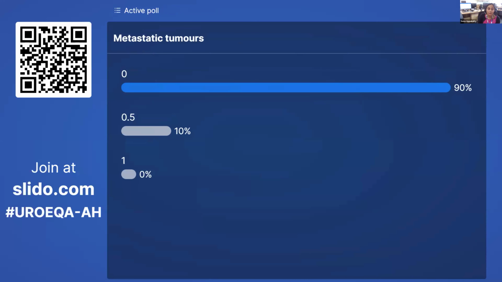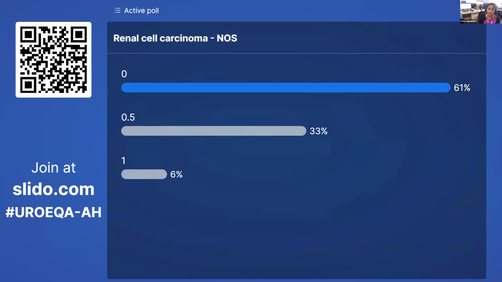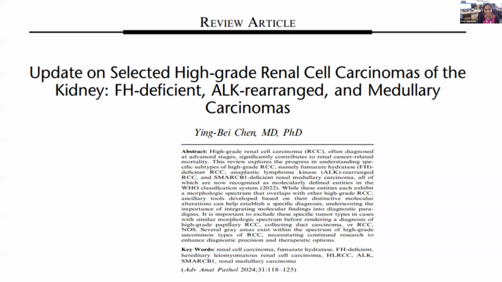Metastatic tumor 0, mixed epithelial stromal tumor 0, mucinous tubular 0, papillary 0, NOS 0, FH deficient 0. Yeah. How very tough cookies we are.